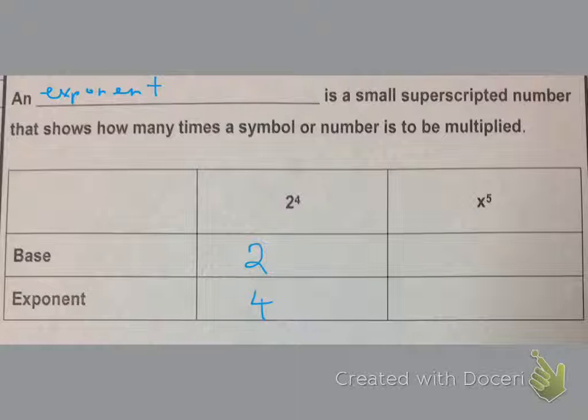Over here, your base is x, and your exponent is 5. If I break this down, 2 to the 4th power really means 2 times 2 times 2 times 2. Same thing with x to the 5th power, it's x times x times x times x times x.